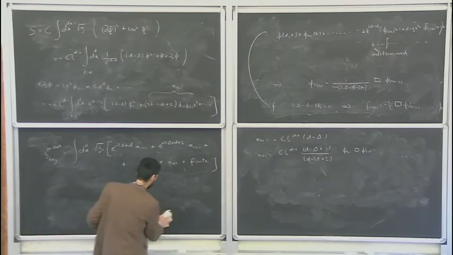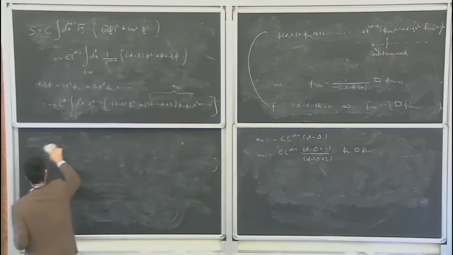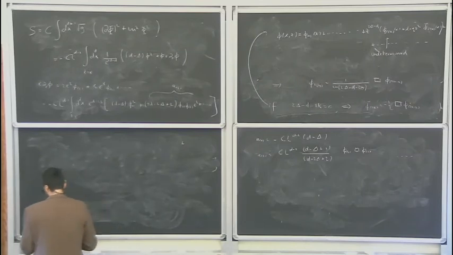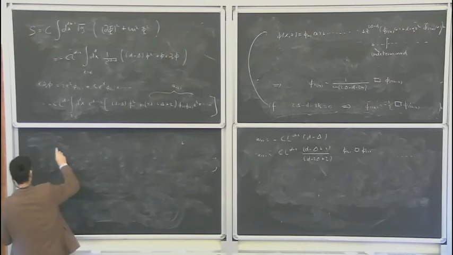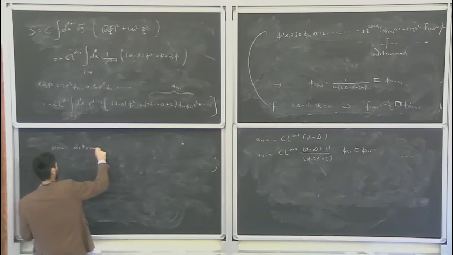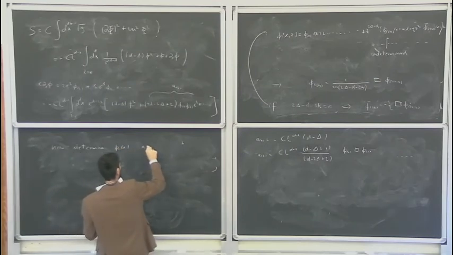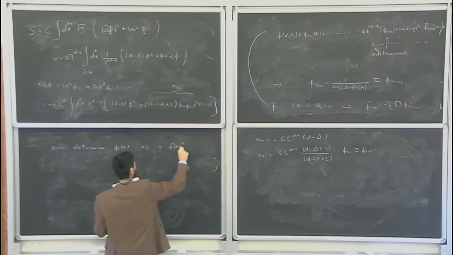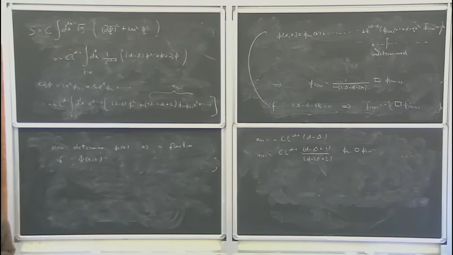So this is best understood by doing it in practice. Right, so we want to determine phi 0 of x as a function of phi of x and z.